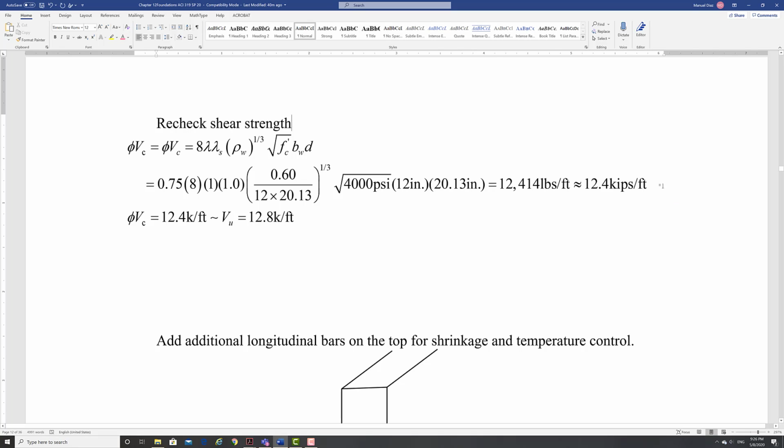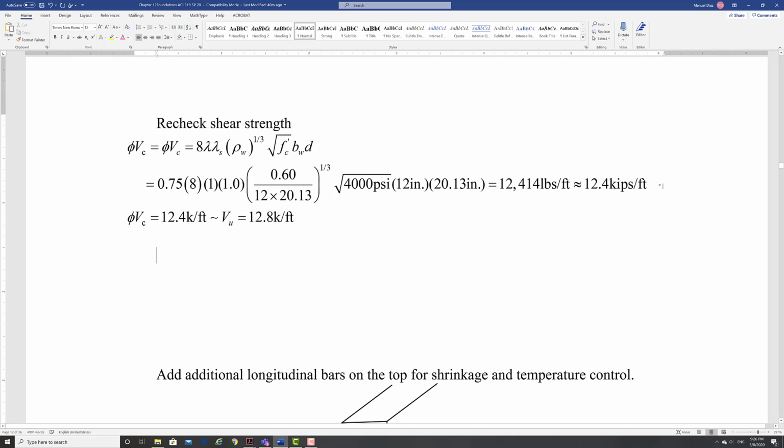So we know that number 7 at 12 works for our purpose of moments. We can change number 7s at 12 to number 7s at 10 inches. Okay. And then that definitely works for your shear. Okay. So because of shear, we will be changing that to number 7 at 10.